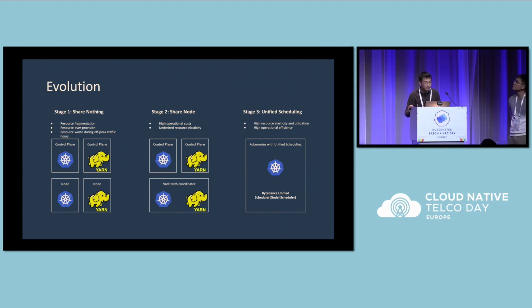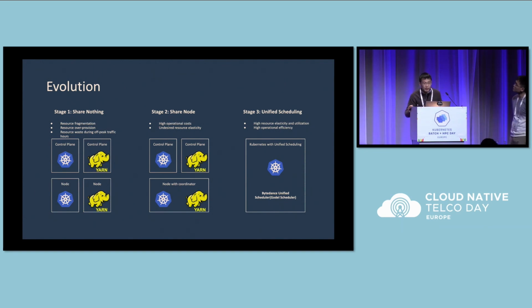First is resource fragmentation, and also the online service applied for more resources than the workload needs, and we also have a lot of resource waste during the off-peak traffic hours, especially during the nights.